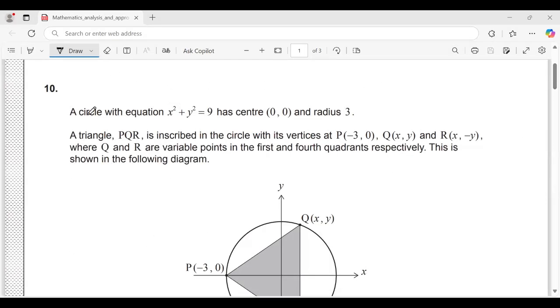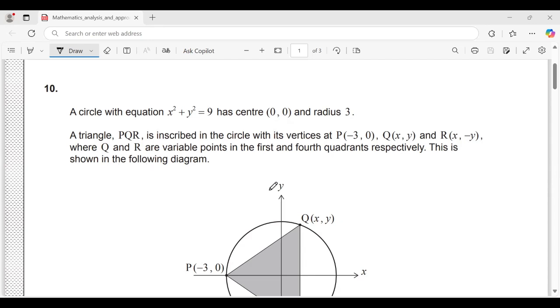Number 10. A circle with equation x squared plus y squared equal 9 has center 0 and radius 3. A triangle PQR is inscribed in the circle with its vertices at P minus 3, 0, Q x, y, and R x, minus y, where Q and R are variable points in the first and fourth quadrants, respectively.